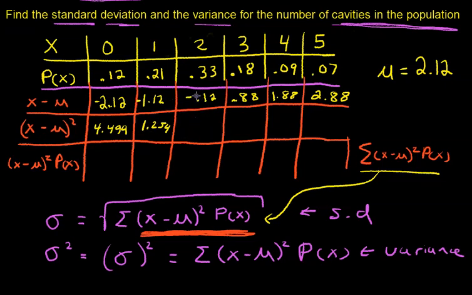So the square of 0.12 is 0.014. The square of 0.88 is 0.774. The square of 1.88 is 3.534.